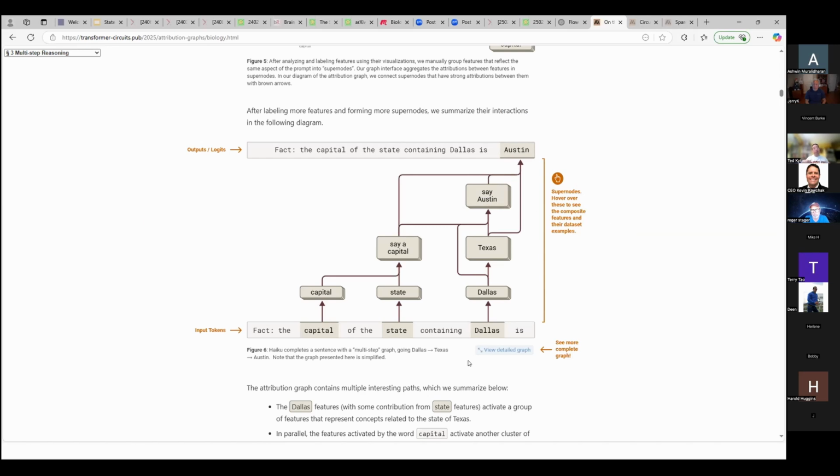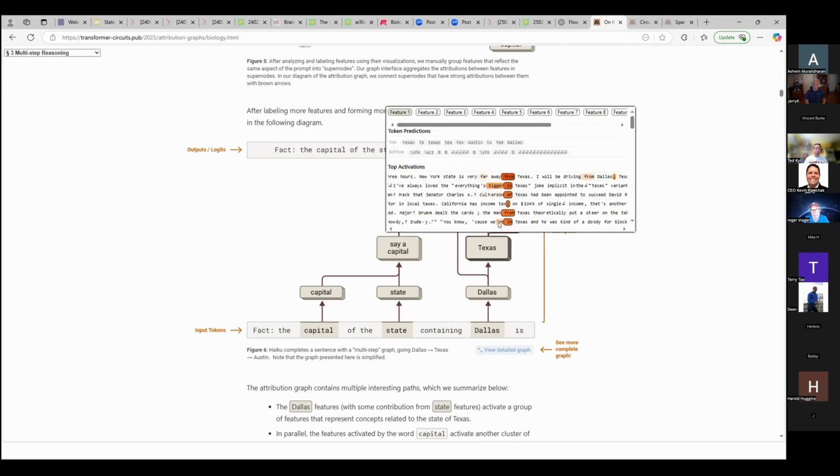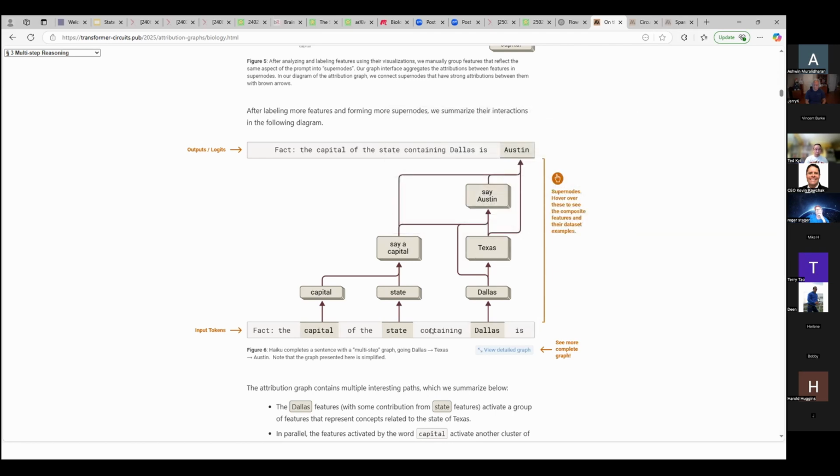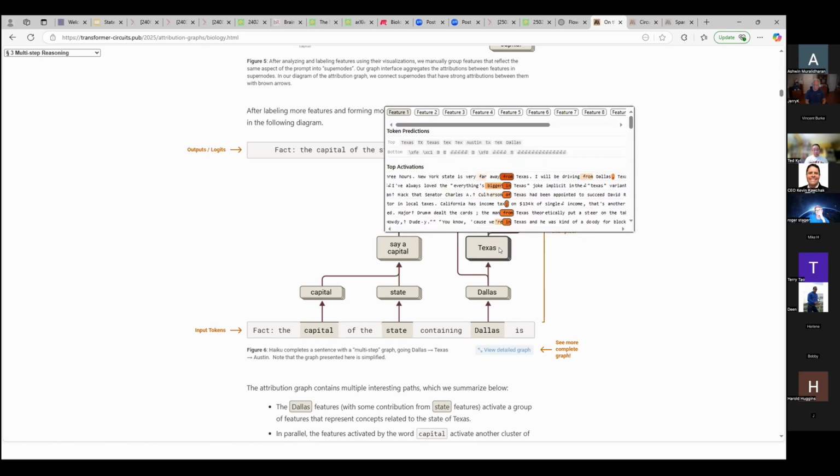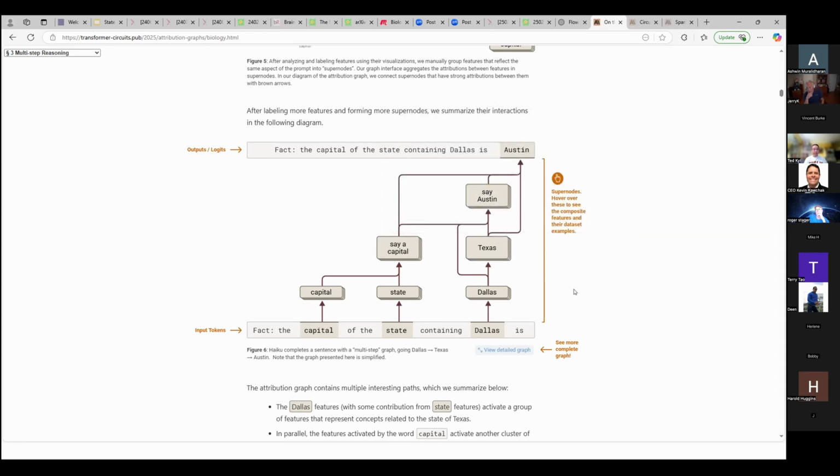It's labeled Texas because of how it appears generically in all possible sentences. All right. So that's the key thing: when I hover here and you see these different sentences, these are sentences from the training set. Okay, or the evaluation set or whatever. But these are independent sentences that have nothing to do with this particular string at the bottom. This is evaluating, independently, when does this feature fire?